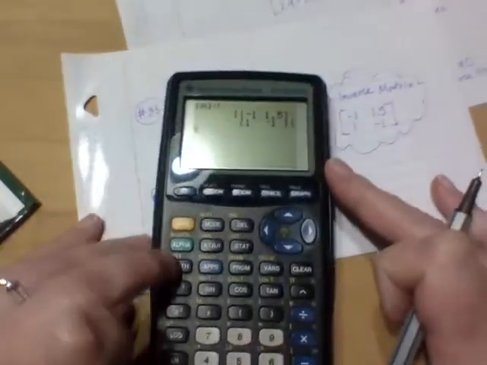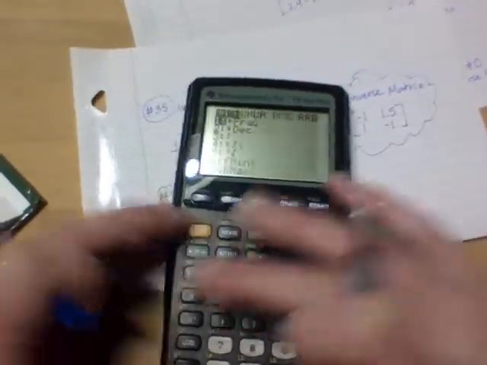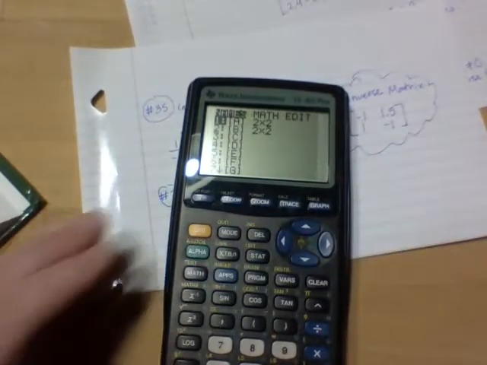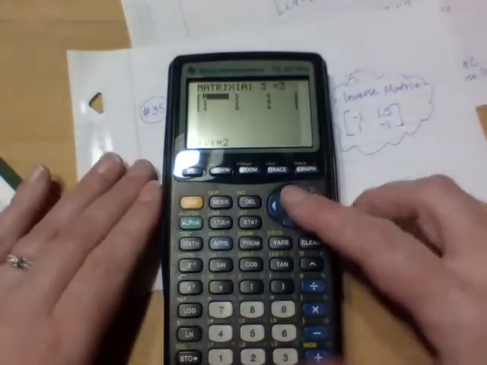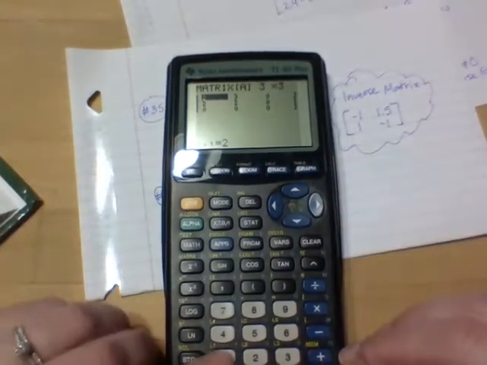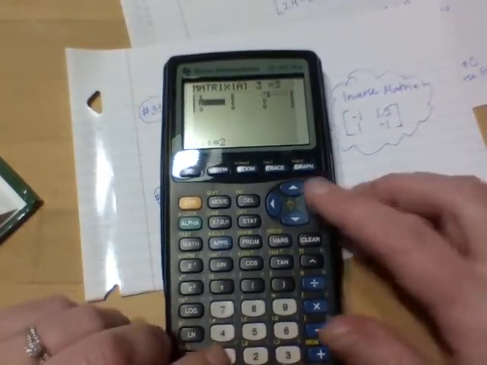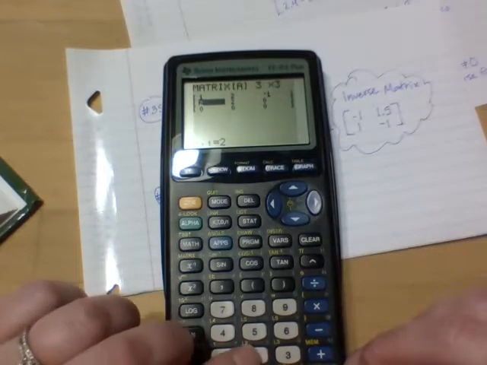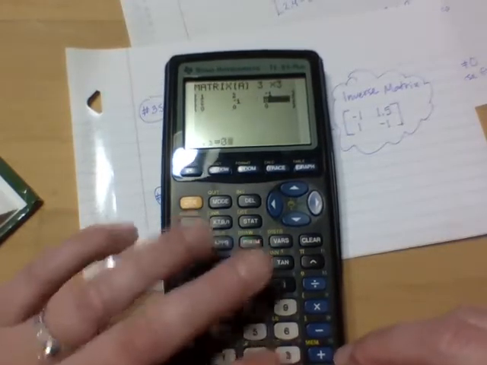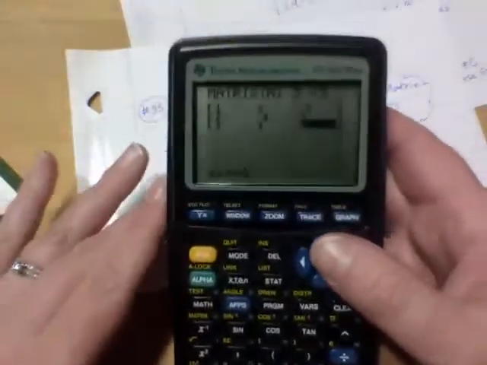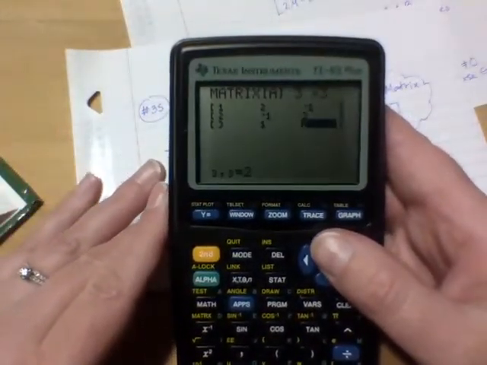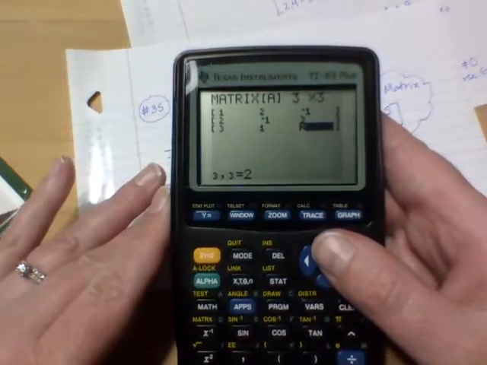So the determinant value of what we have here, going to our matrix and editing it so now we can plug in the 3 by 3 that is part of the problem. We have 1, 2, and -1 as our first row, 2, -1, and 3 as our second row, and 3, 1, and 2 as our last row. So double checking that that is what I should have entered.